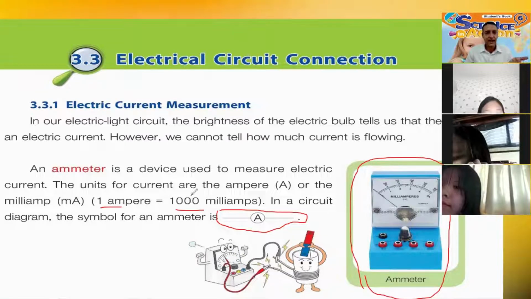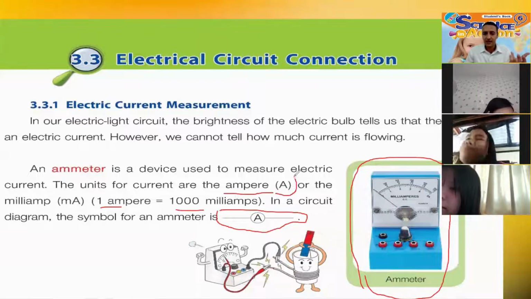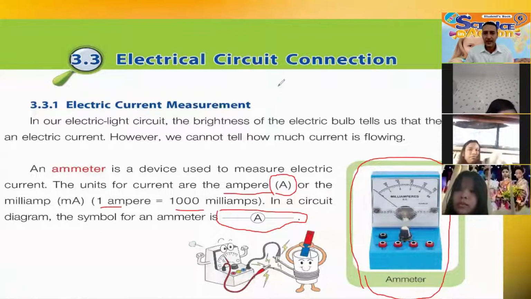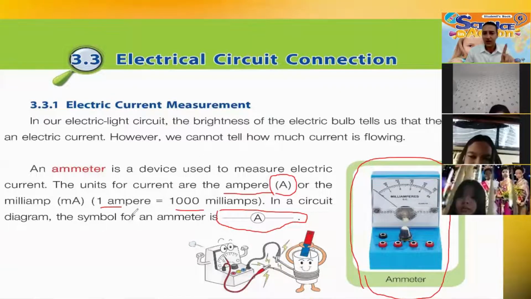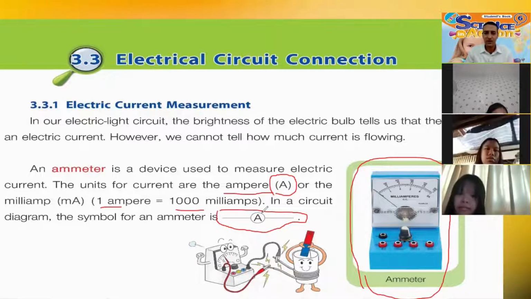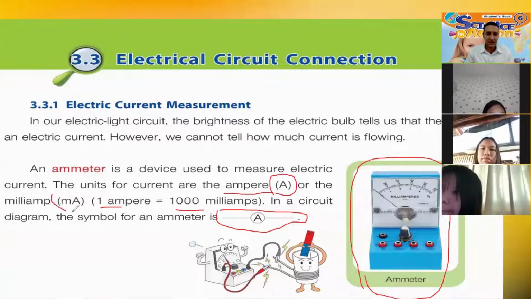And what is the unit? The unit of current is ampere, right? And the symbol of ampere is A in brackets. Or you can say milliamps. 1 ampere is equal to 1000 milliamps, or 1000 milliamps is equal to 1 ampere, and the symbol of that is mA, right?